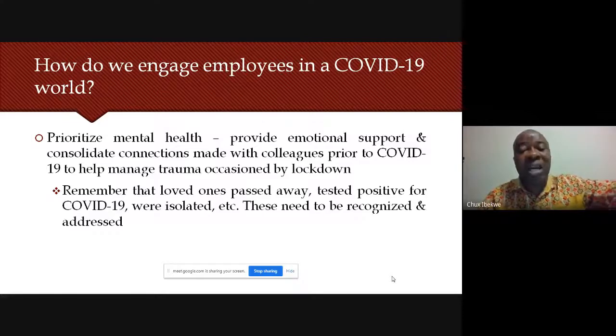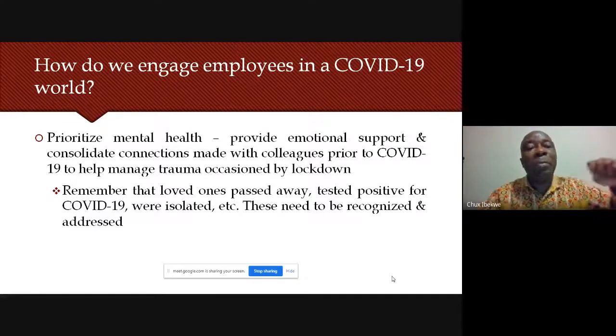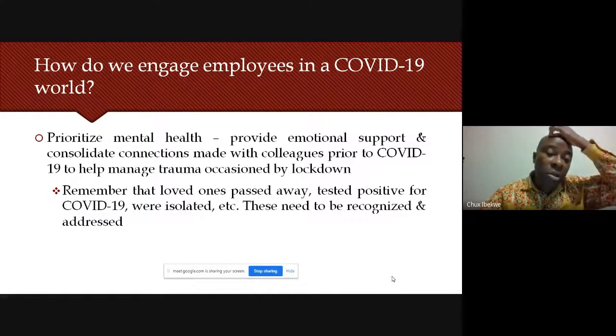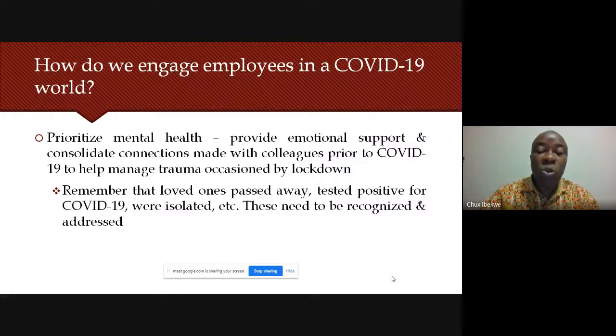Some tested positive and are going into isolation. So this has an impact on their approach to the job. When you remember this, that helps you in providing mental health services to them and other required practices, which will in turn help them to remain focused and engaged in the work.